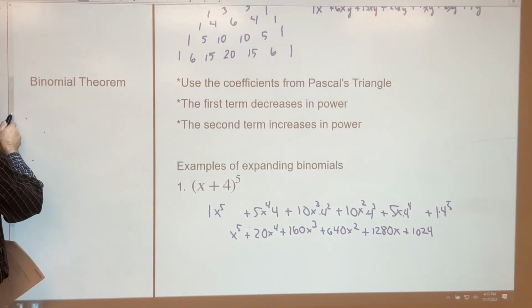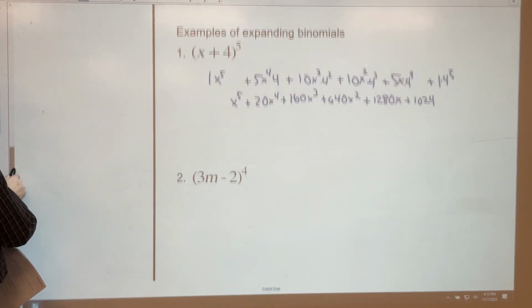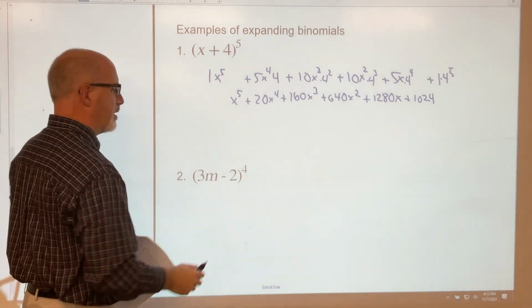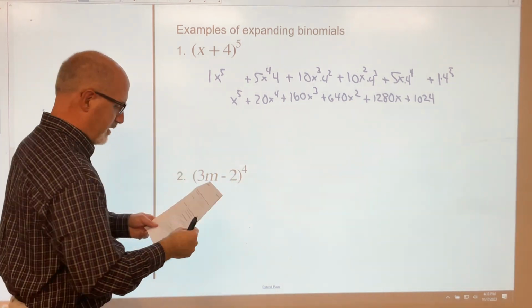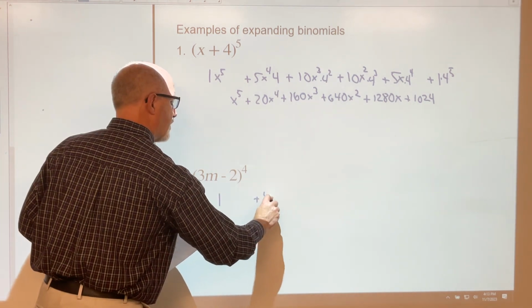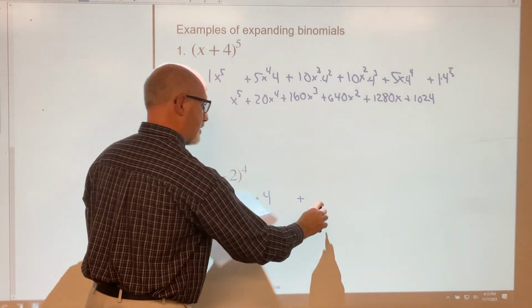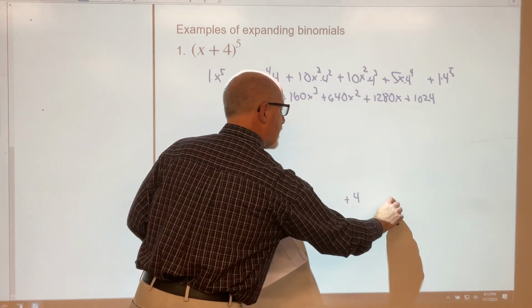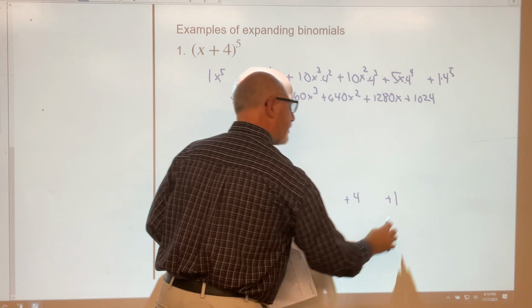Let's do one more example here. Let's do 3m minus 2 to the 4th power. Okay, so on this one, we're going to use the 4th row of Pascal's triangle. And so that 4th row is a 1, and it's a 4, and it has a 6, and it has another 4, and it ends with a 1.